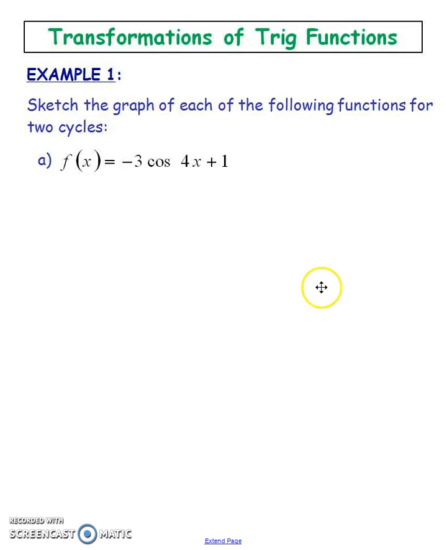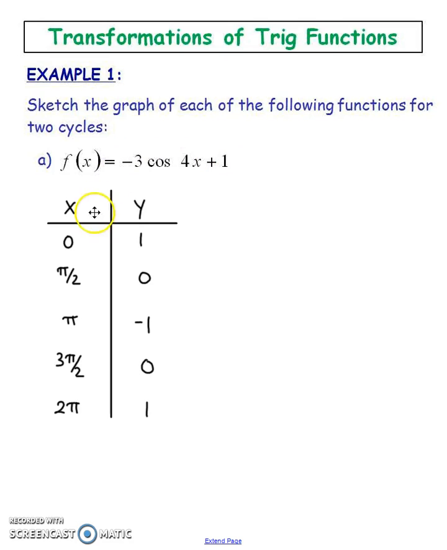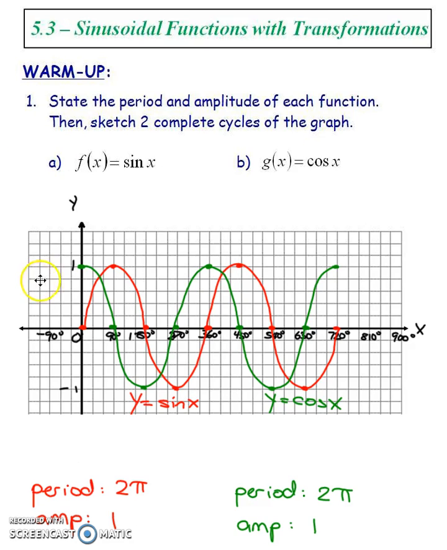Here is a cos graph with a bunch of transformations. What we first need are the x and y values of the original cos graph. These are the 5 major points of the cos graph. Let me show you. The cos graph was green, remember?